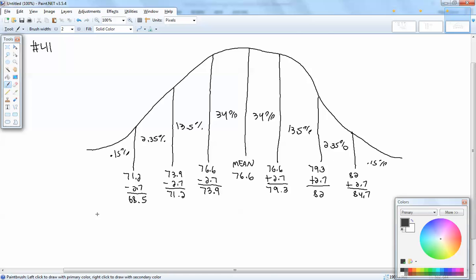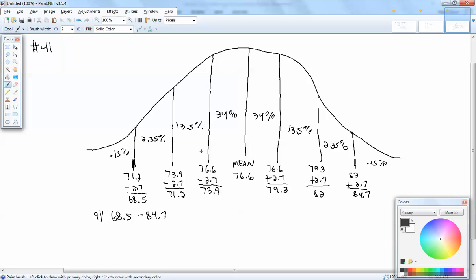Okay, now A. It says between 68.5 and 84.7. Now these are numbers you should see on your bottom here. If you don't, that means you did something wrong. Well, here's 68.5 right here, and here's 84.7 right here.